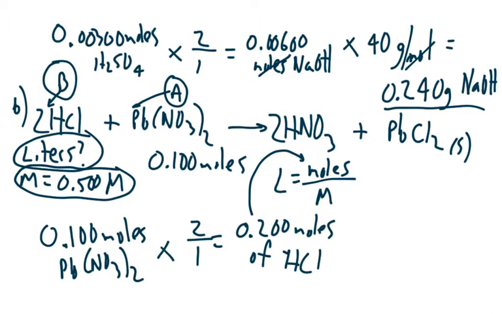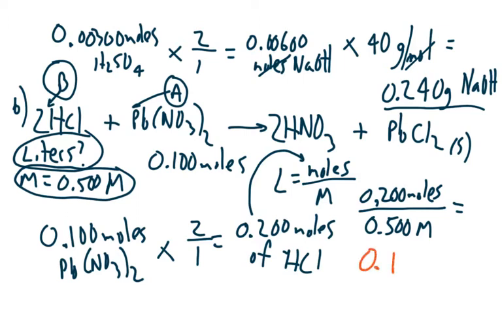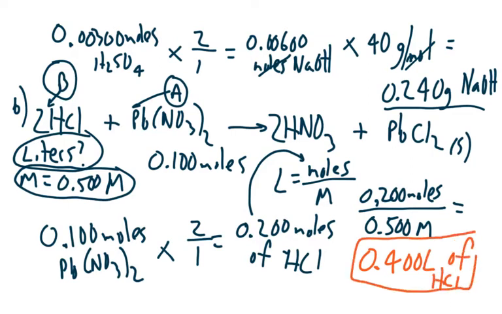So, if we get 0.2 moles, and we divide that by the molarity that was given, 0.500 M, you're going to get, and I'm going to round to 3 significant digits, 0.400 liters of HCl. Okay?